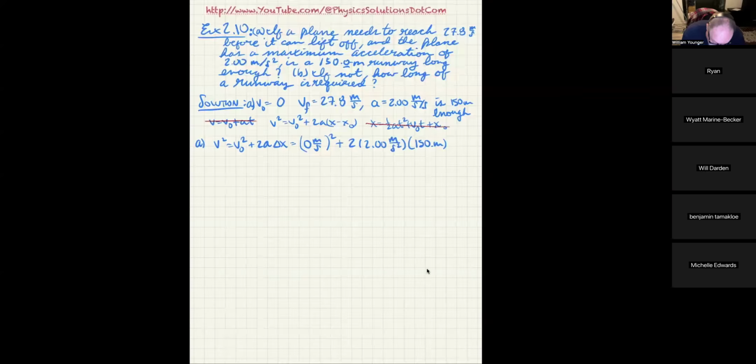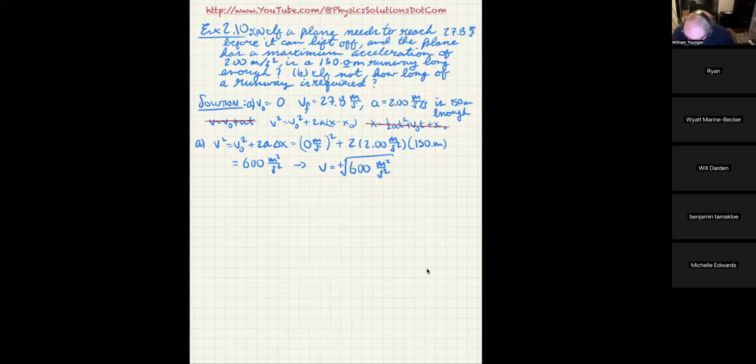So you can see when you do this that 2 times 150 gives you 300, and 2 times 300 gives you 600. So that's 600 meters squared per second squared is equal to v squared. Therefore, the final velocity will equal, in this case, I'm choosing the positive square root of 600 meters squared per second squared.